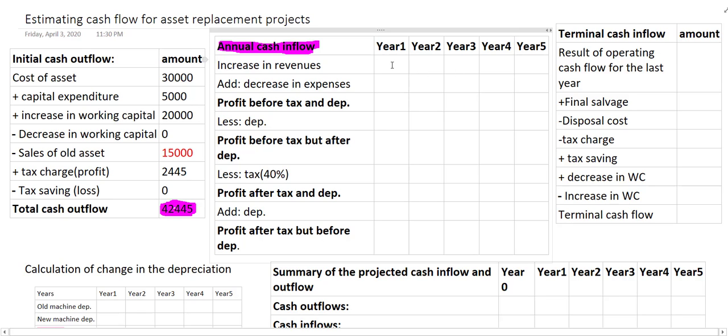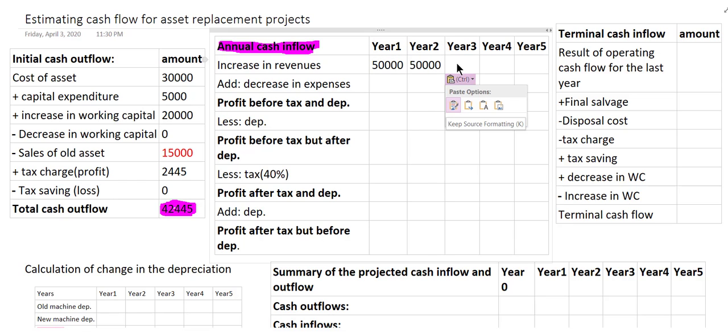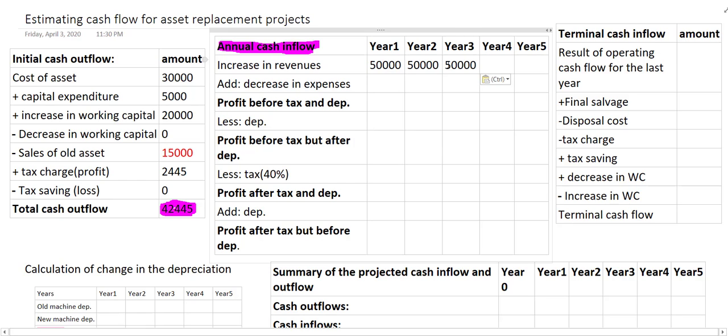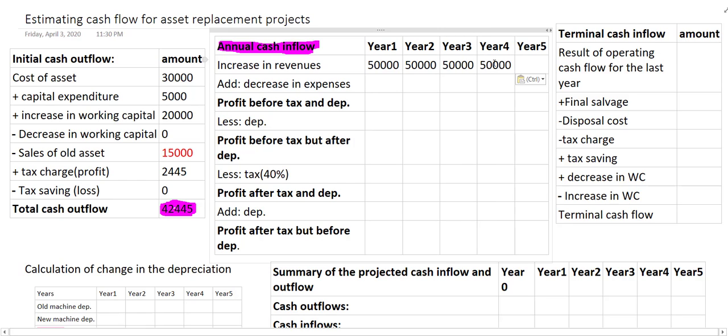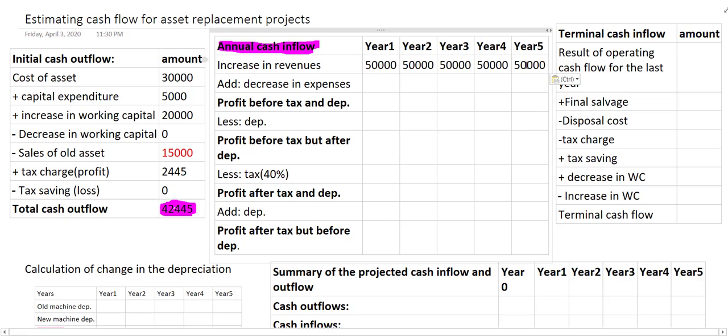If this is so, now let us mention. Revenue increased by 50,000. Mention the amount of increase in the revenue for the next year, as well as for the next year, right? Also add decrease in expenses.